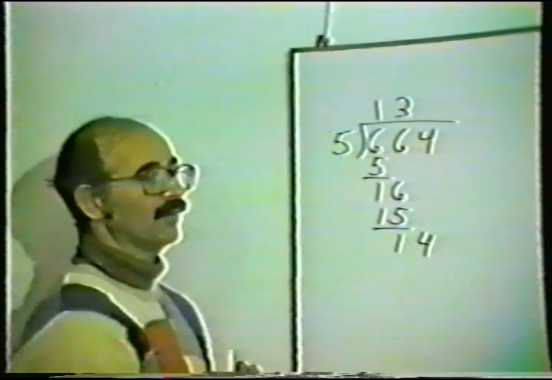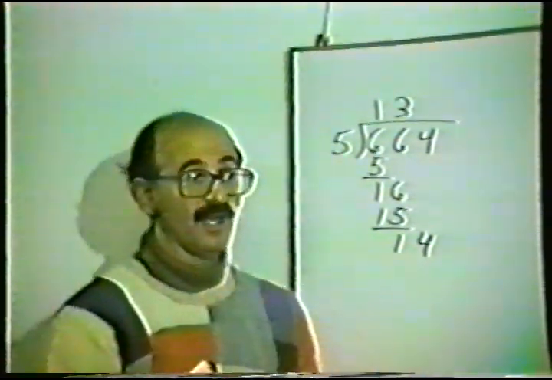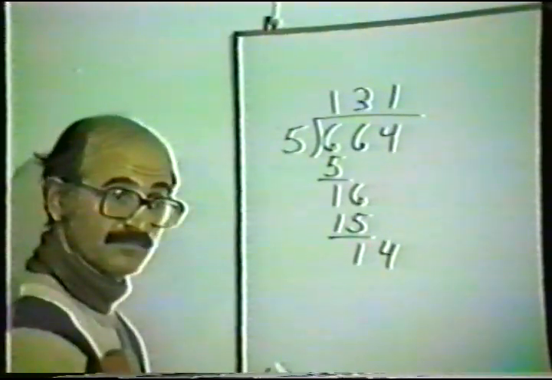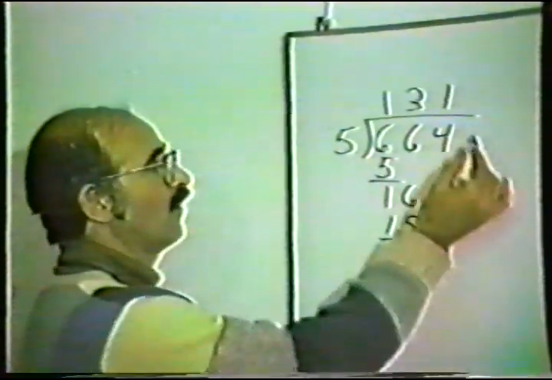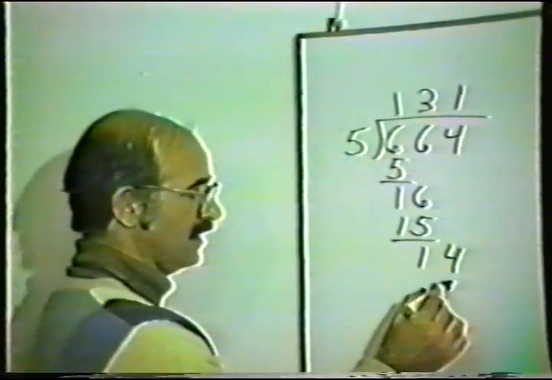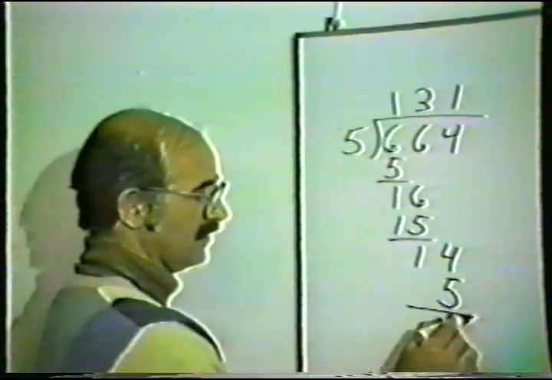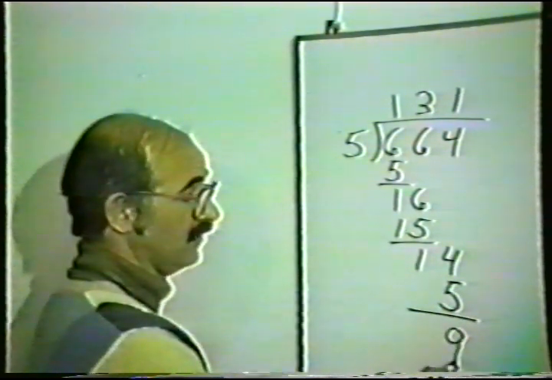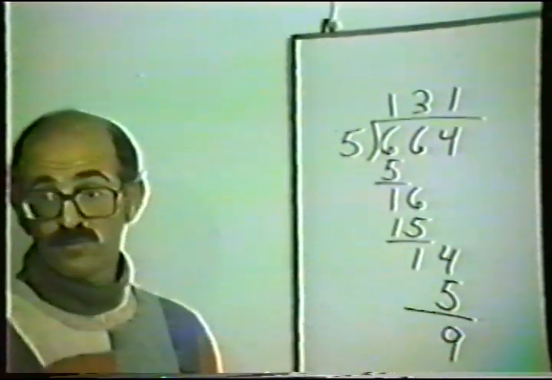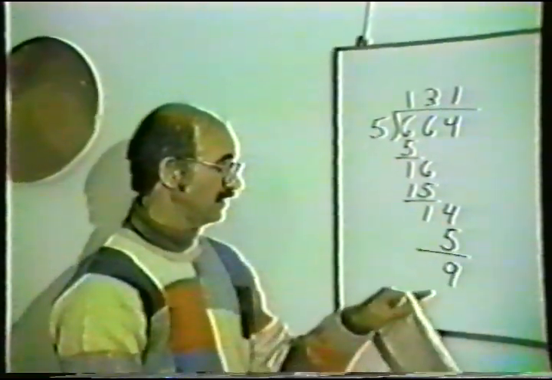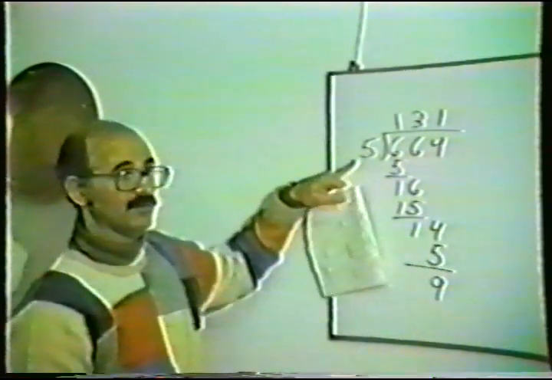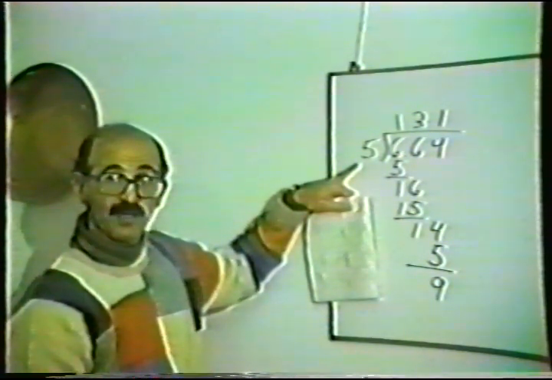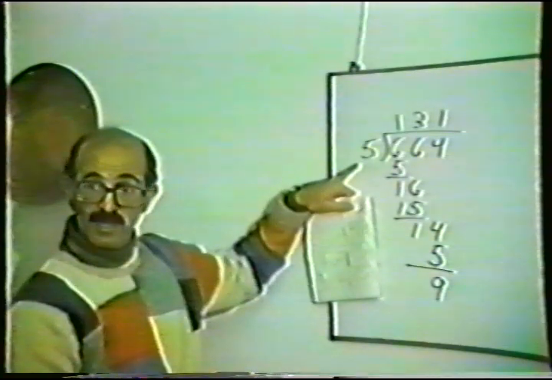But suppose I make a mistake. And I say 5 into 14 goes once. And I go along in my merry way. 1 times 5 is 5, and 14 take away 5 is 9. Well, you're not allowed to have a remainder that is larger than the number you're dividing by. Because if I've got 9 apples left over and I'm trying to pull out 5s, I can get another 5 out of that 9.